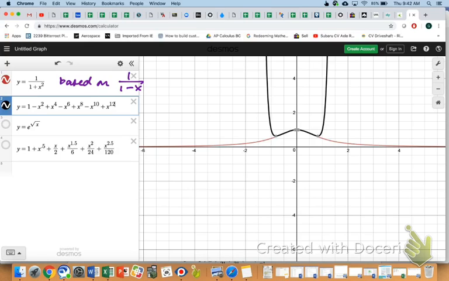What legitimate algebra strategy would I need to take to turn it into 1 over 1 plus x squared? No, because you can't just square the top and square the bottom, and even if you did, you'd get something radically different than what we have, right? That changes the value completely.